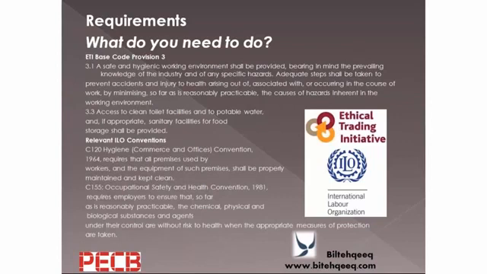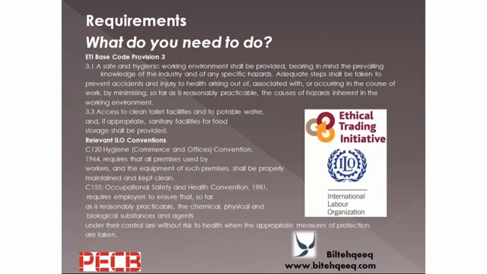There are some ILO conventions on this. One is C120, the Hygiene (Commerce and Offices) Convention, which requires that all premises and equipment of such premises shall be properly maintained and kept clean.